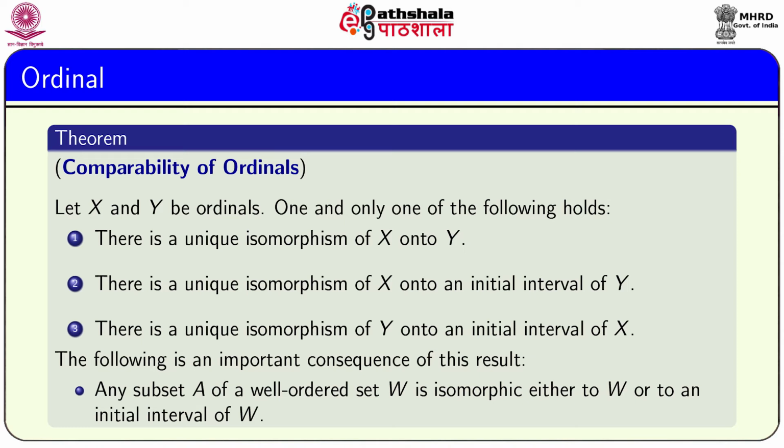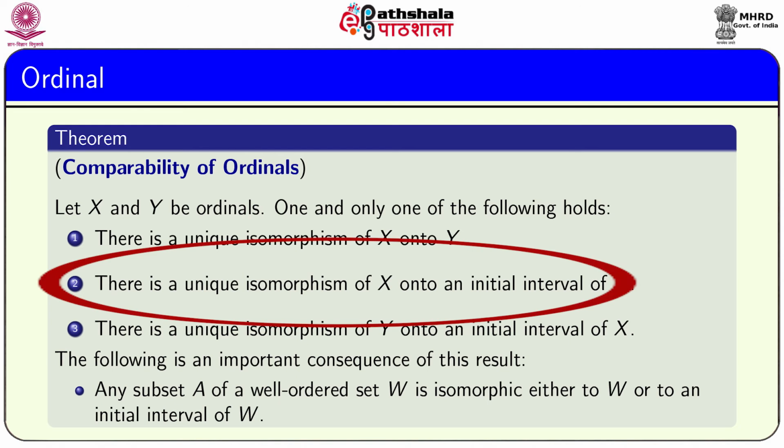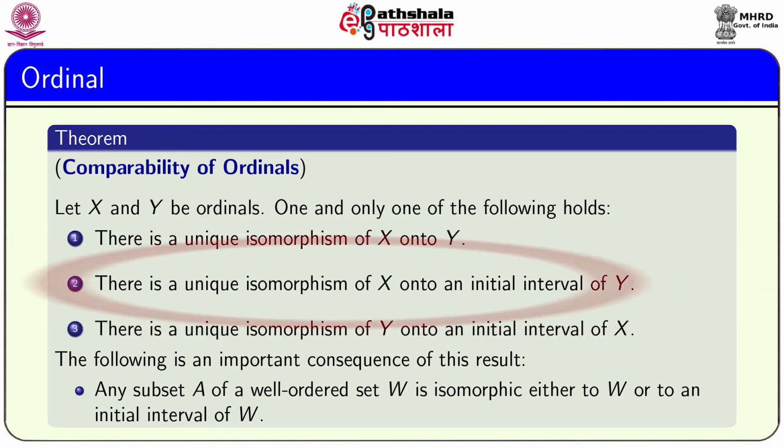The first one says that there is a unique isomorphism of X onto Y. The second one says that there is a unique isomorphism of X onto an initial interval of Y. And the third one is that there is a unique isomorphism of Y onto an initial interval of X.